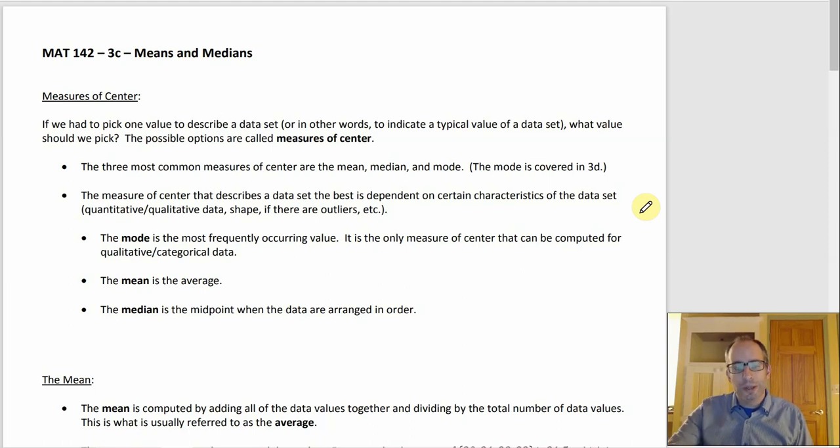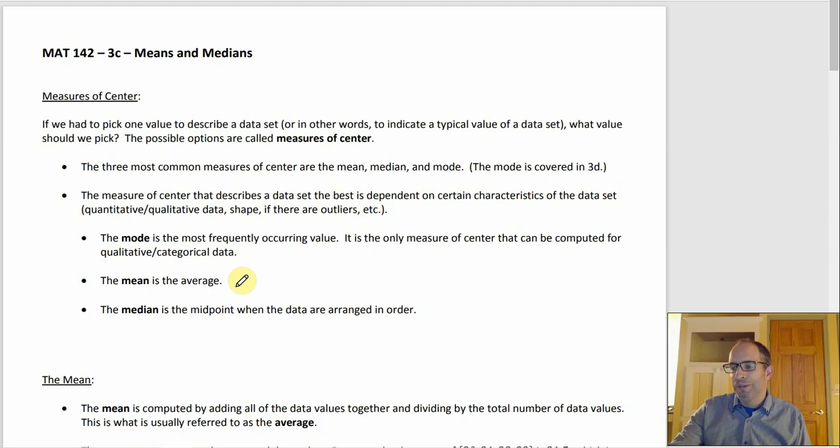And it depends on things like what kind of data you have, because if you have qualitative or categorical data, the only thing that you can use is the mode, the most frequently occurring value. Like if you have non-numerical data, like the states that people were born in, you can't average those, right?